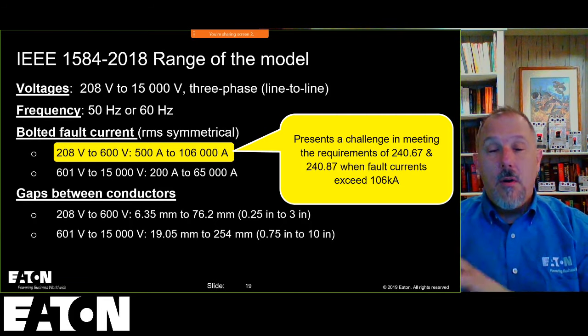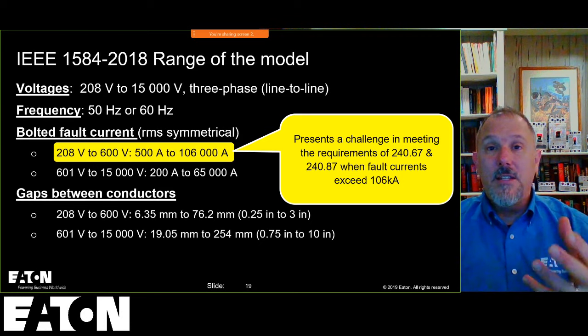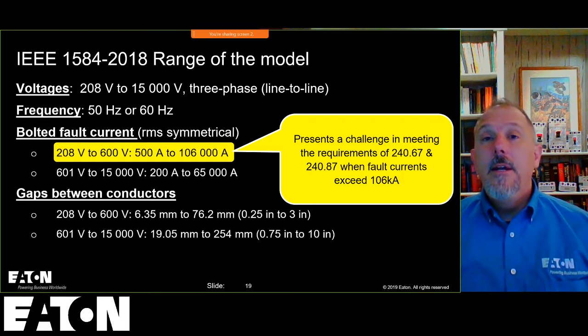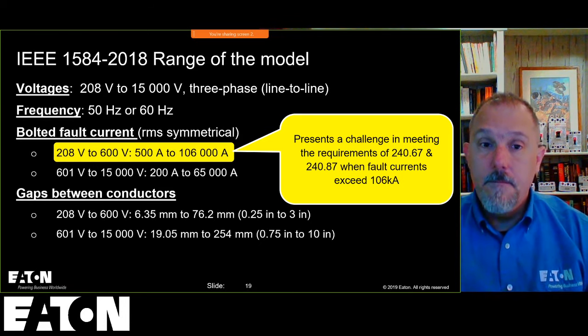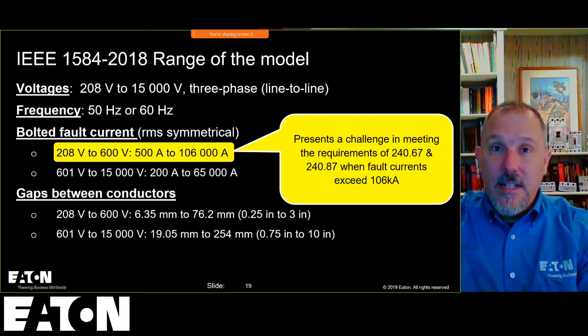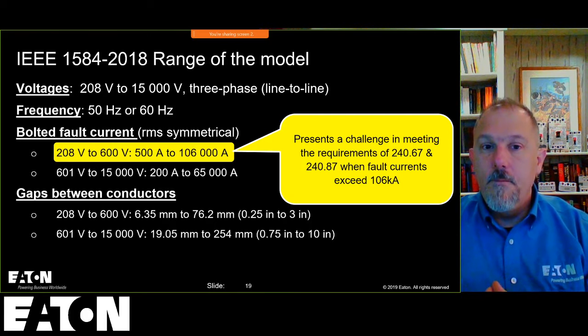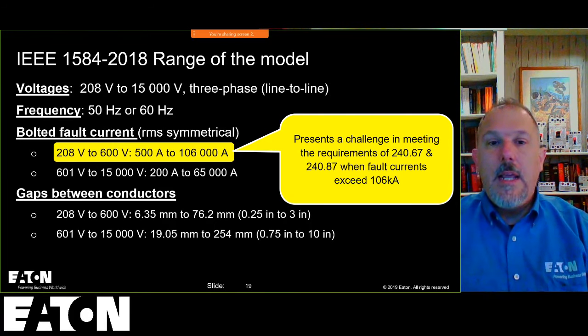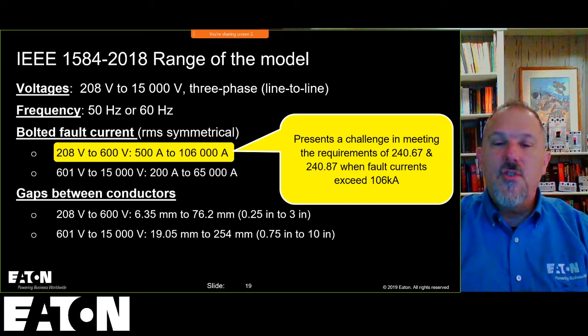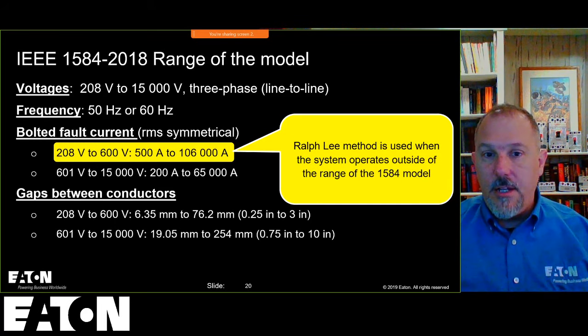We don't go beyond 106,000 amps in our analysis. So I don't have any way to calculate arcing currents and then take that and do an incident energy calculation based on IEEE 1584.